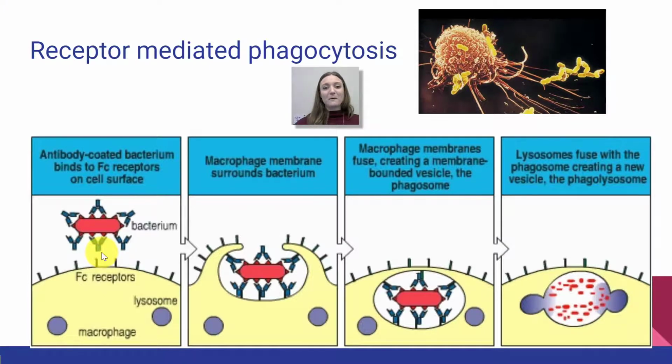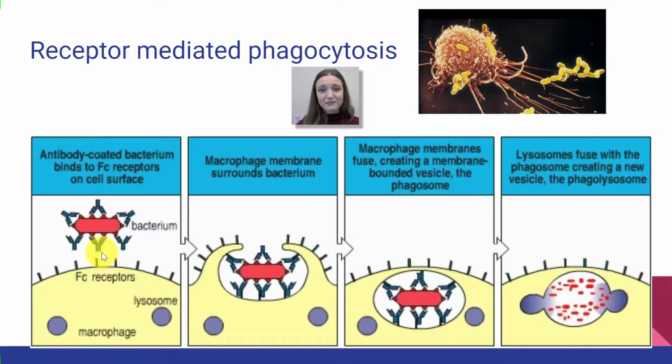And once their receptors on their cell surface bind to some of those antibodies, that triggers the process of phagocytosis. Okay, so receptor-mediated phagocytosis, we wait for receptors on the cell surface to bind to their substrate, and then that activates the cytoskeleton to begin the process of creating that vesicle to bring that material into the cell.